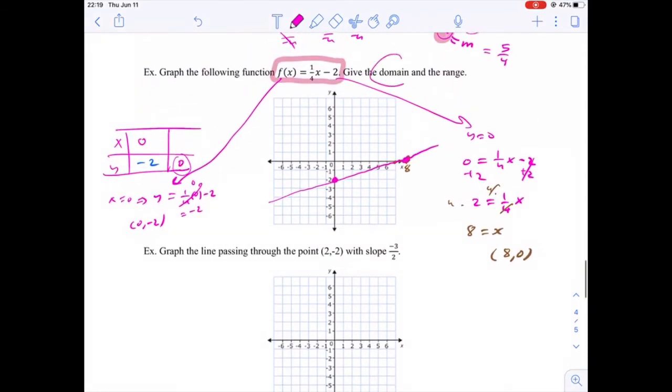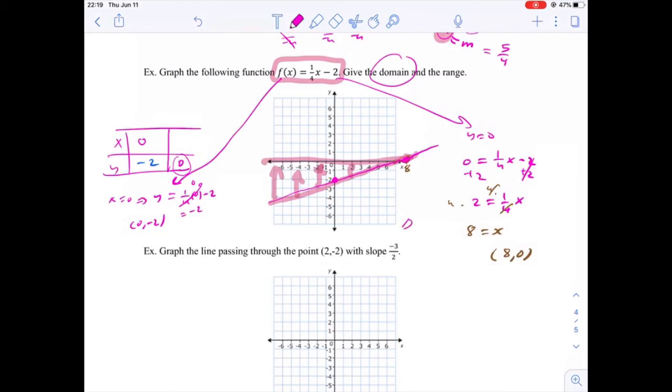Now what is the domain of the linear function? The linear function has domain negative infinity to infinity. As you can see, if we project this line onto the x-axis, this will cover the whole x-axis. And that's the domain. The domain represents the values on the x-axis, the allowed values on the x-axis, or the values that have outputs or images.